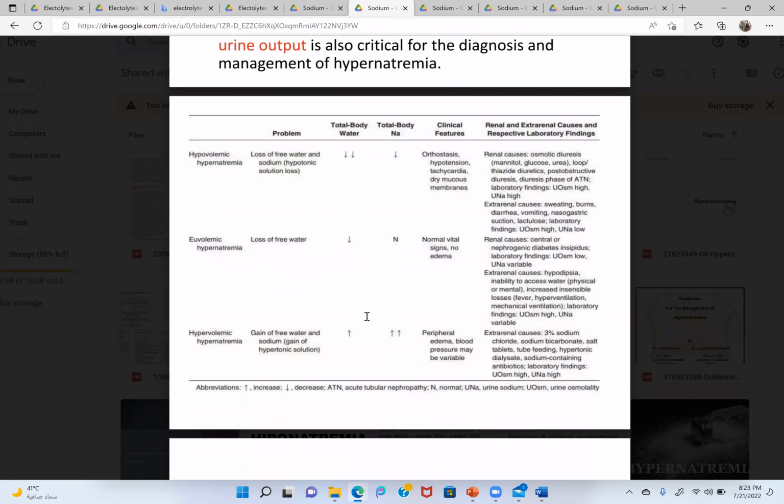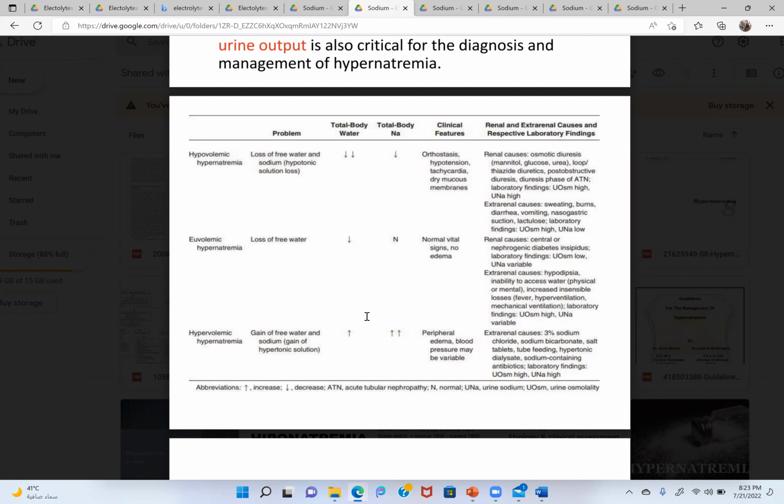In hypovolemic hyponatremia, there is loss of free water and sodium; total body water is decreased, total body sodium is decreased, less than total body water. The features will be signs of hypovolemia.